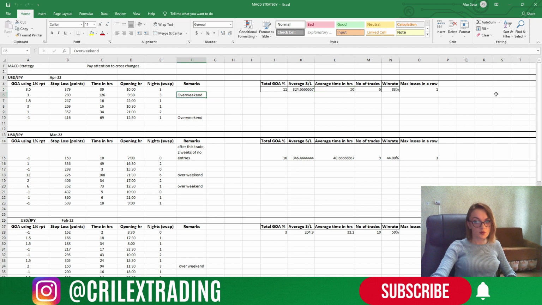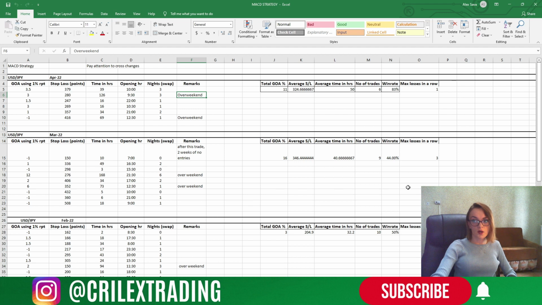Regarding the maximum losses in a row, again, it depends on the market behavior. In April, we had a pretty trending USD JPY, and this is why we got only 1 loss.